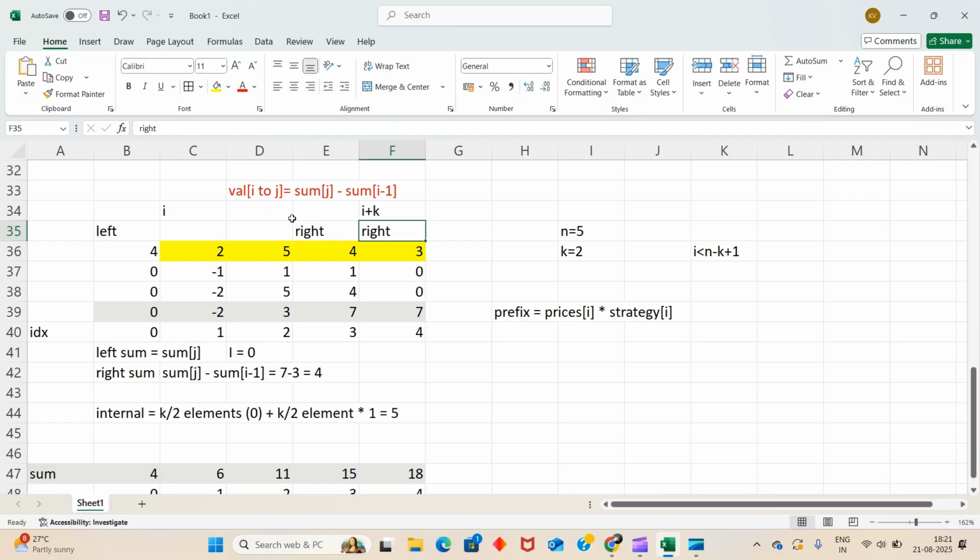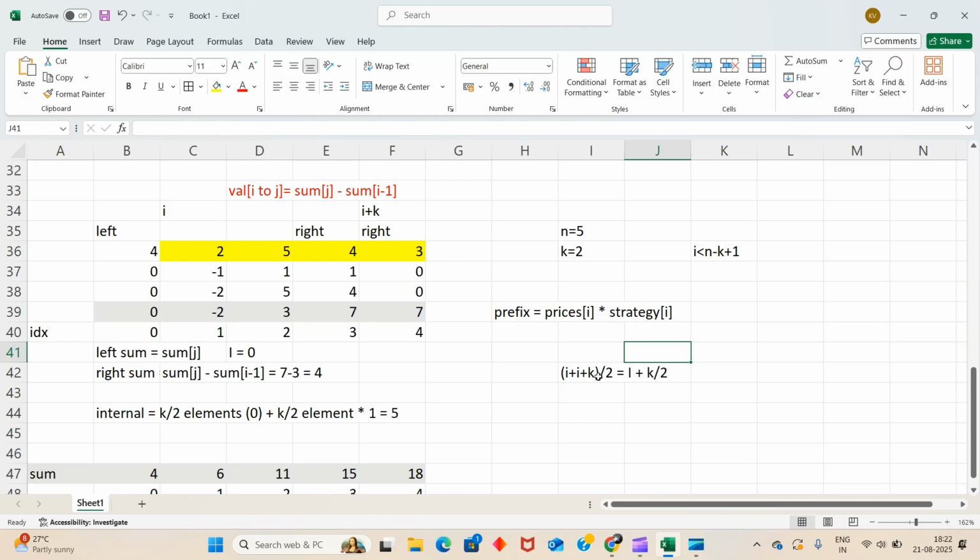What is the middle point? What I'll get is i plus i plus k divided by 2, which is equal to 2i plus k by 2. That means i plus k by 2.